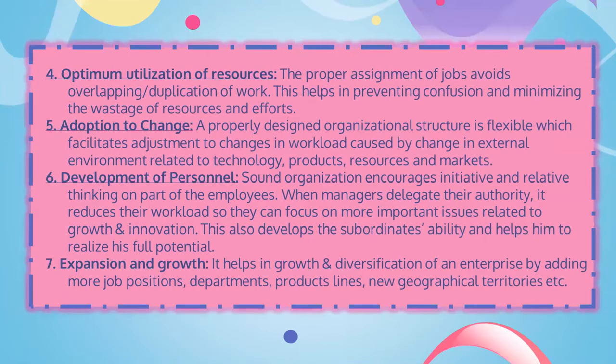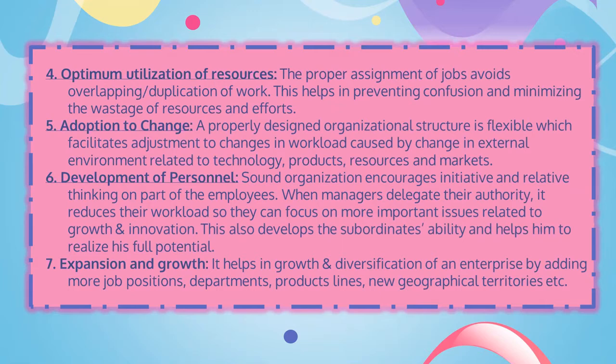Now the fourth one, we need to make optimal utilization of resources. So when the person is knowledgeable and has the ability, then only he can avoid wastage. So the skill and the effort of a particular employee should be taken care of. Next, the adaptation to change.